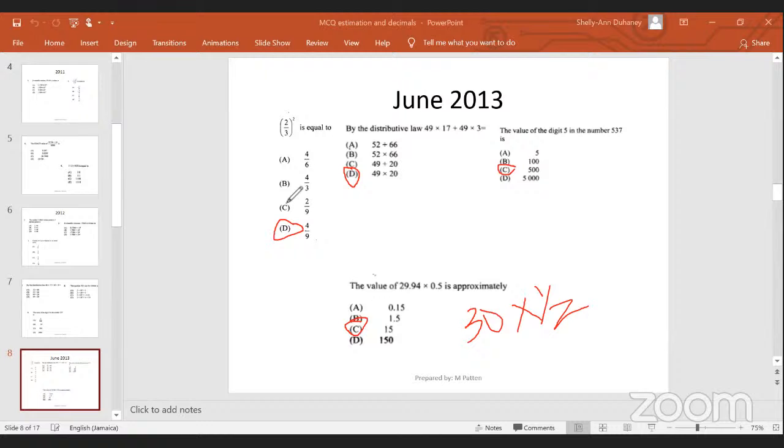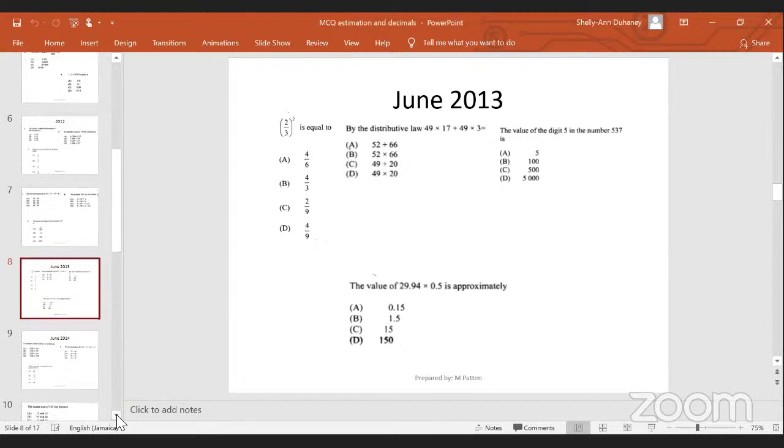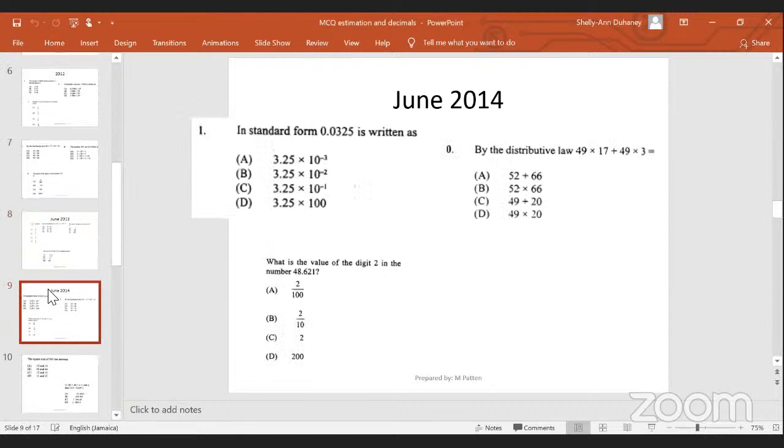All right, moving on. Let me clear the screen. Okay. All right, in standard form, 0.0325 is written as. Miss, the answer is B. What's the name for standard form?